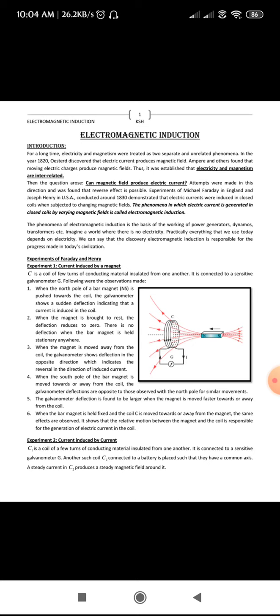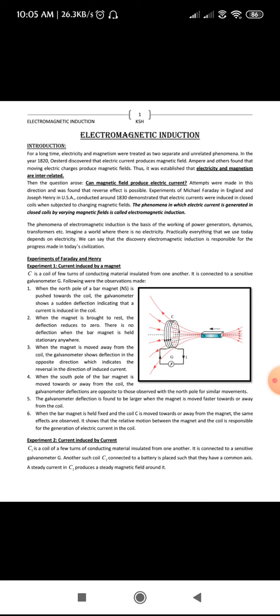We also went through three experiments, the experiments of Faraday and Henry. The first experiment was current induced by a magnet. In this experiment we had a coil with some turns, connected to a galvanometer, and a bar magnet which has a north pole and a south pole.